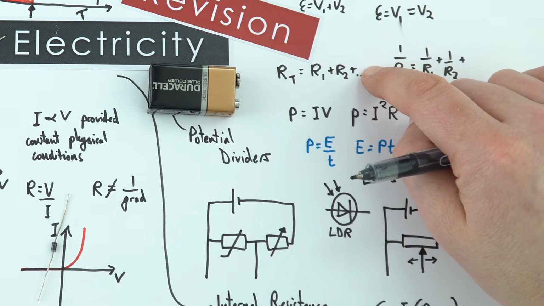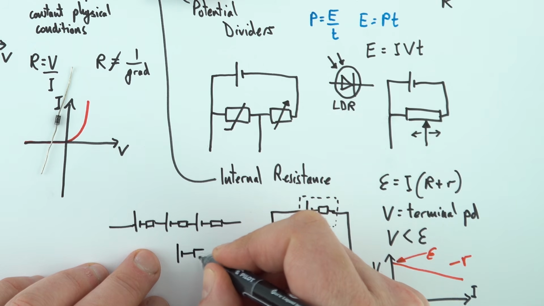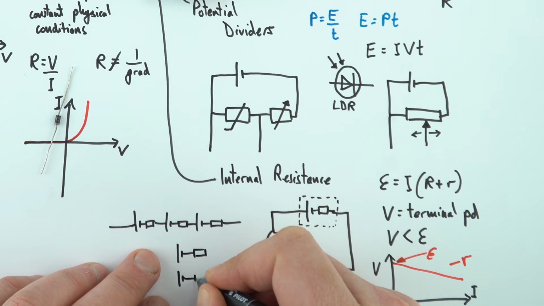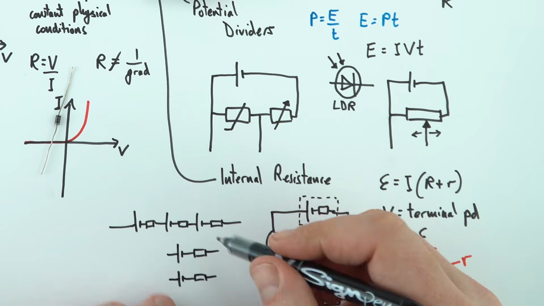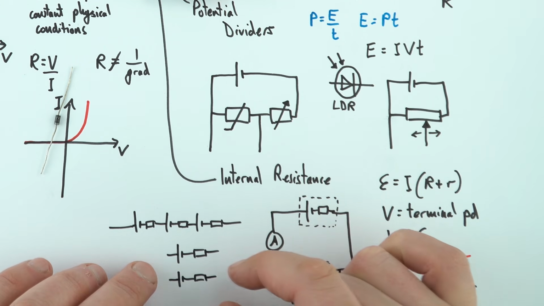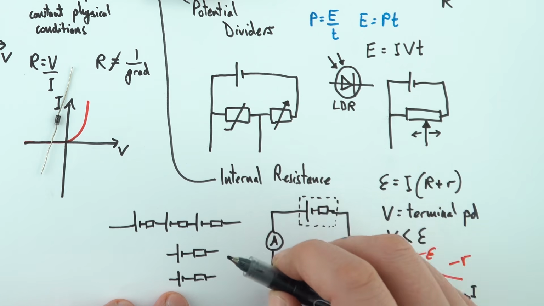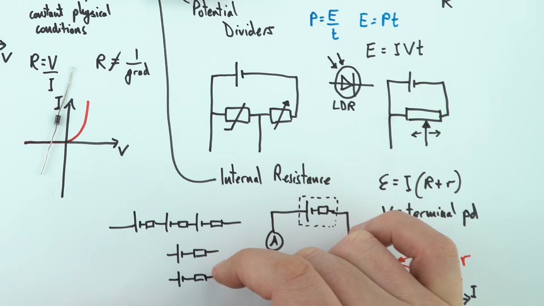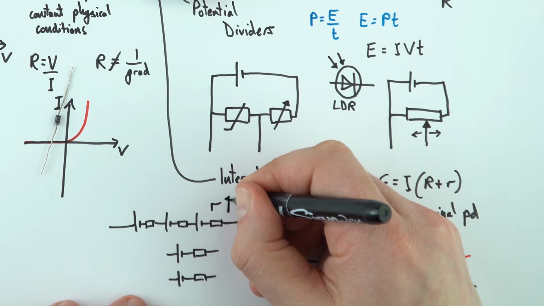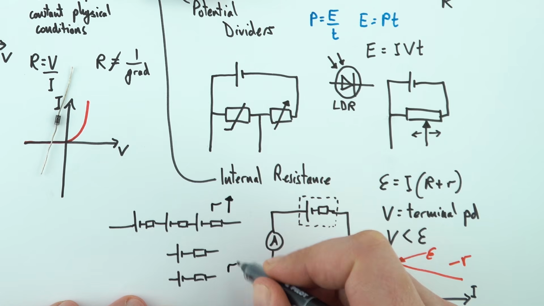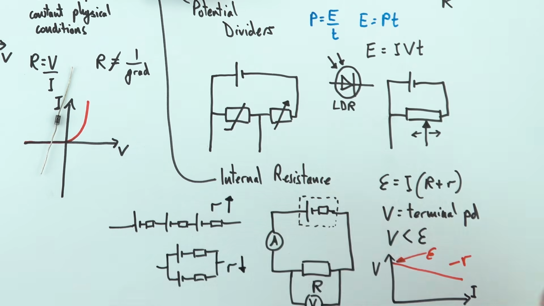But if you were to put cells with internal resistance in parallel to one another, because there's more paths for the current to move through, the more cells we had, the effect of their combined internal resistance decreases. So with cells in series, the internal resistances all add up, but the internal resistances of cells in parallel would actually have less of an effect overall.